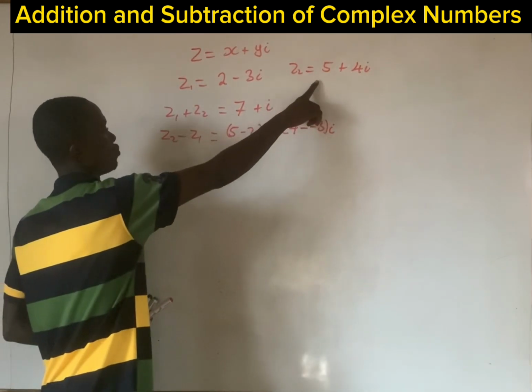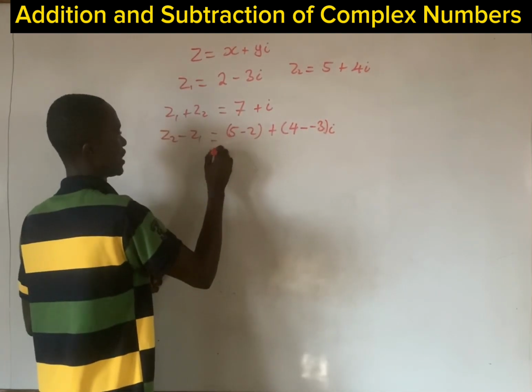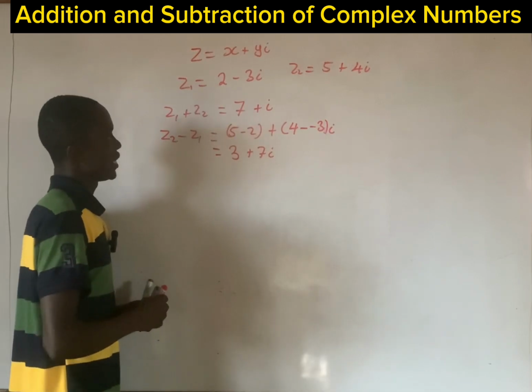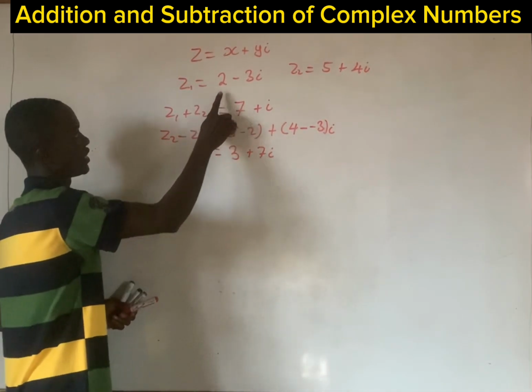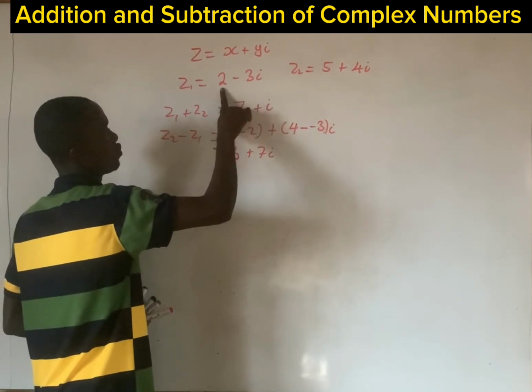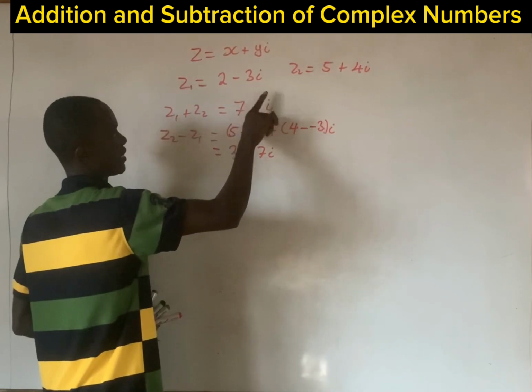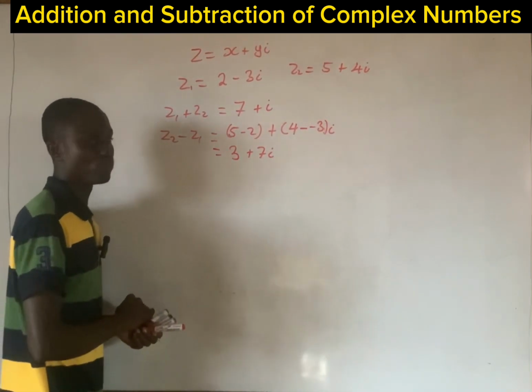This is z2, so we take 4 and then subtract this from that. So this gives 3 plus 7i in a very simple way. So we subtracted z1 from z2. 2 from 5, 3. Minus 3 from 4 gives positive 7.